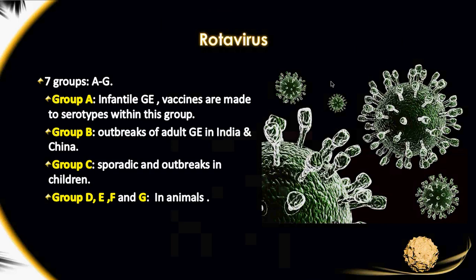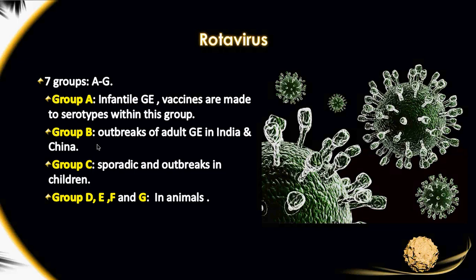Fine. So rotavirus has at least 7 groups. Group A rotavirus results in infantile gastroenteritis, and the vaccines designed to prevent this kind of infection usually target this group.